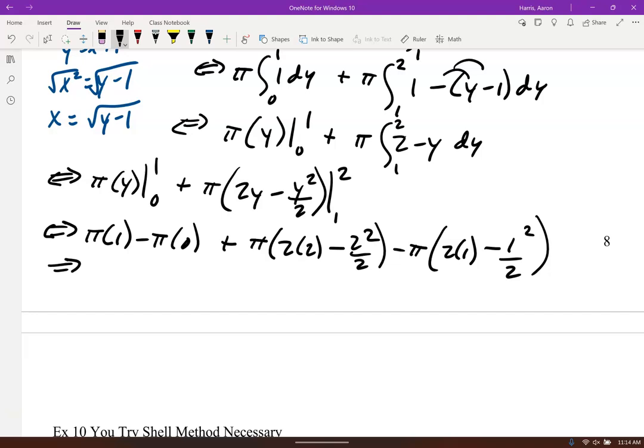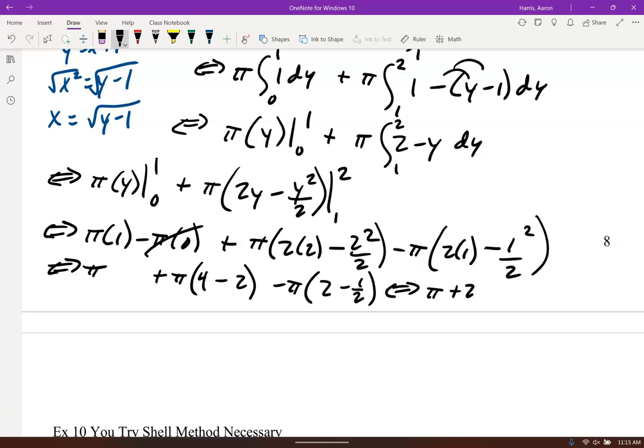So we have pi, that's gone, plus pi times 4 minus 2, plus pi times 2 minus a half. So we've got pi plus 2 pi minus 3 halves pi. So we have 3 pi minus 3 halves pi, which is 3 pi over 2. Same thing.